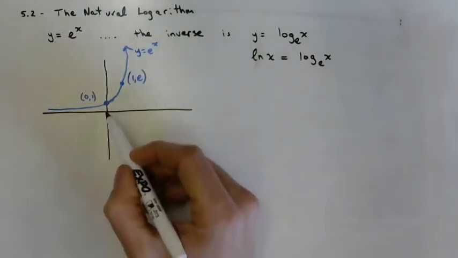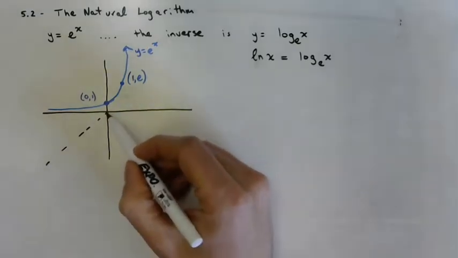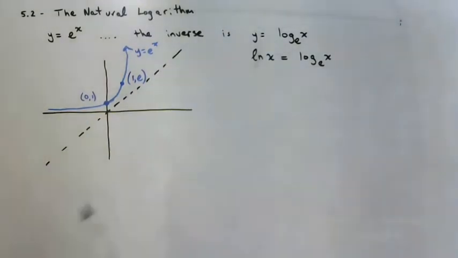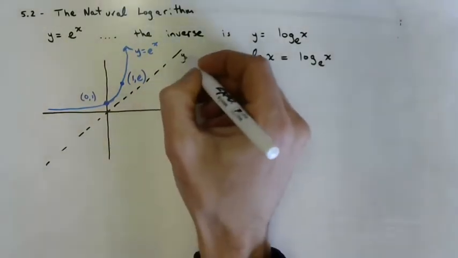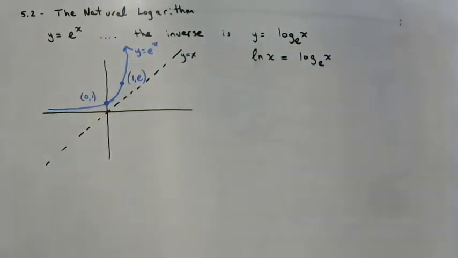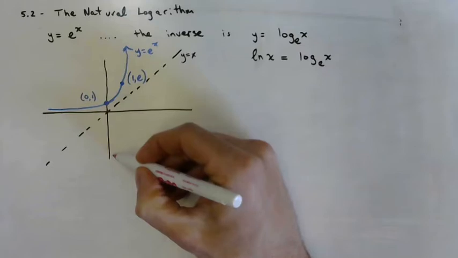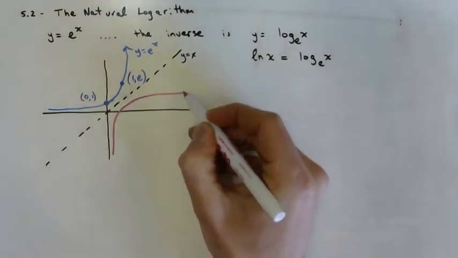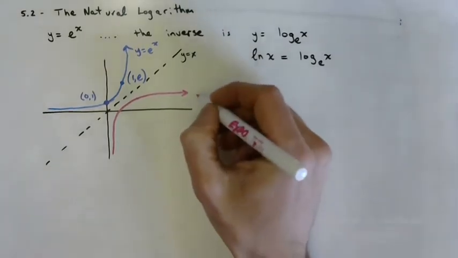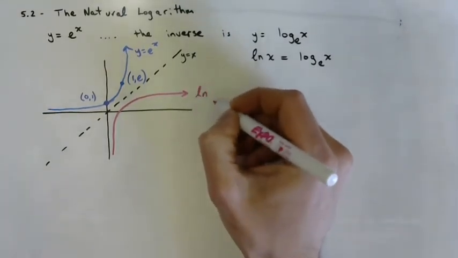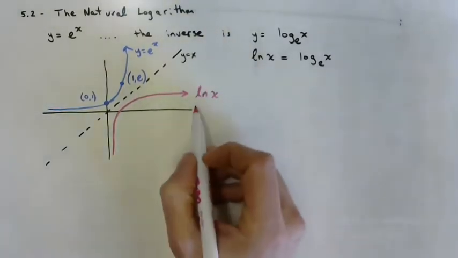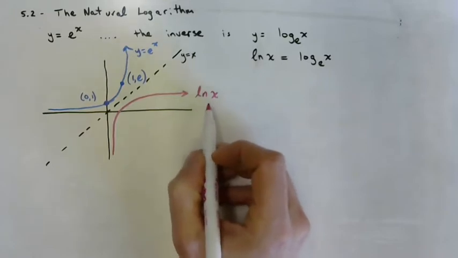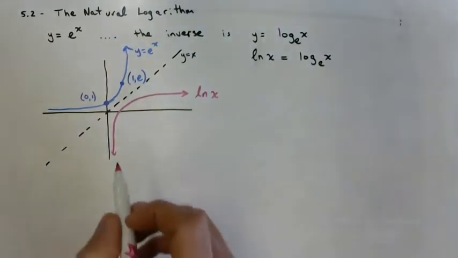And then if we take its inverse simply by reflecting it over the line y equals x, we end up with a logarithmic function that looks like this. And this is the function ln x, or the natural log of x, pronounced ln x.